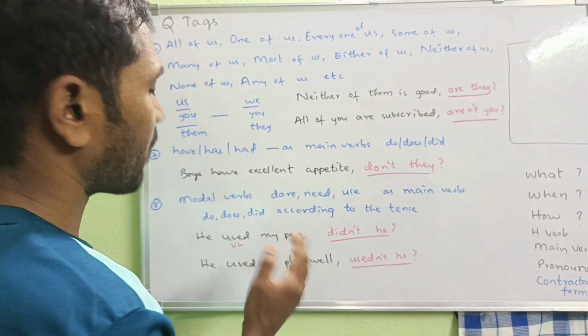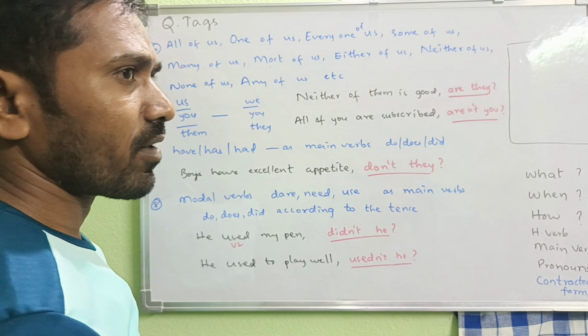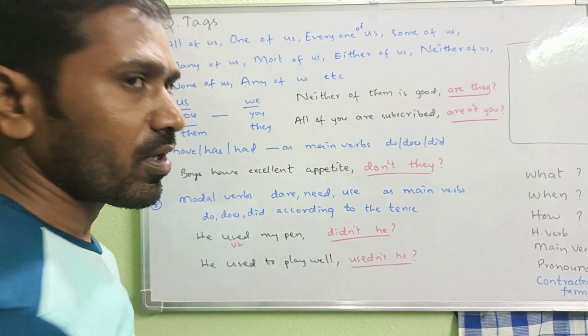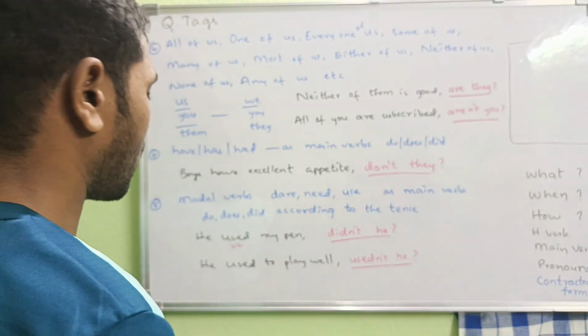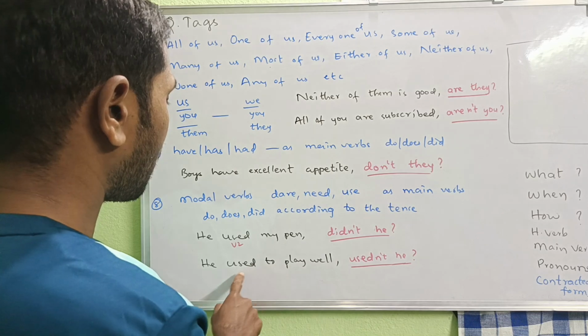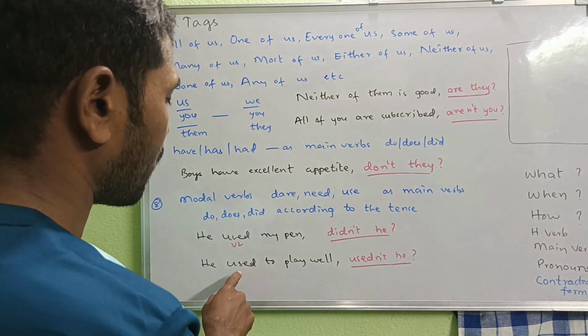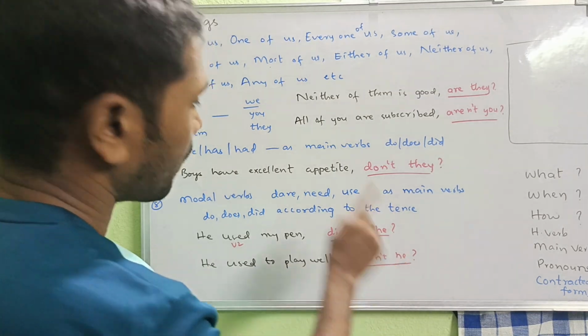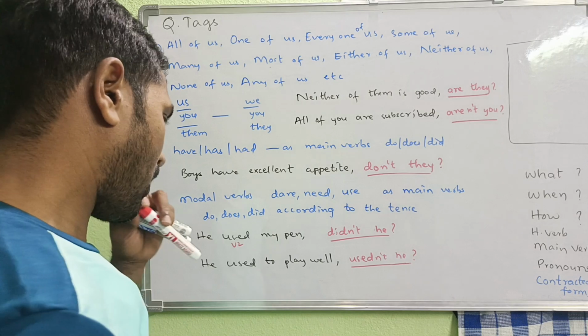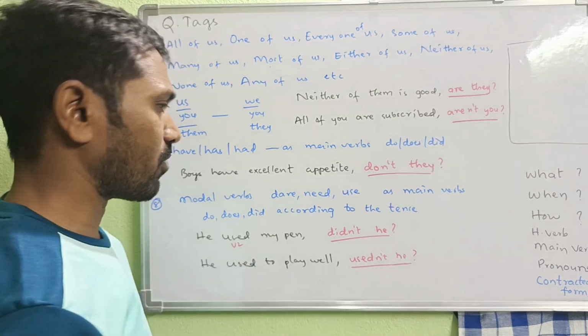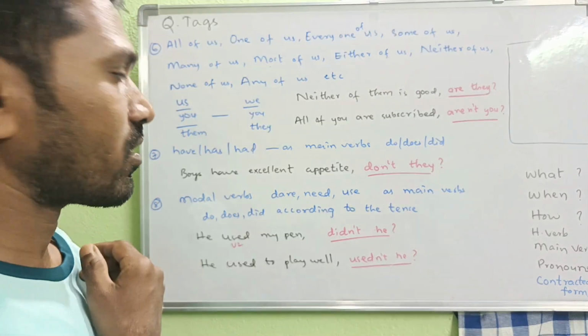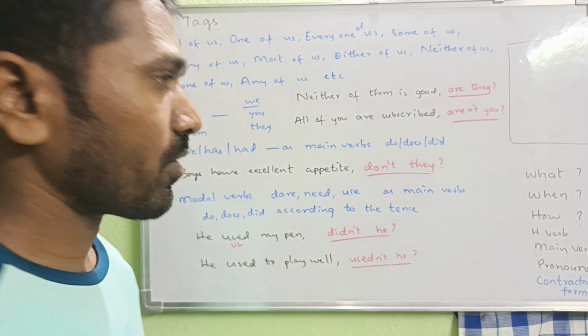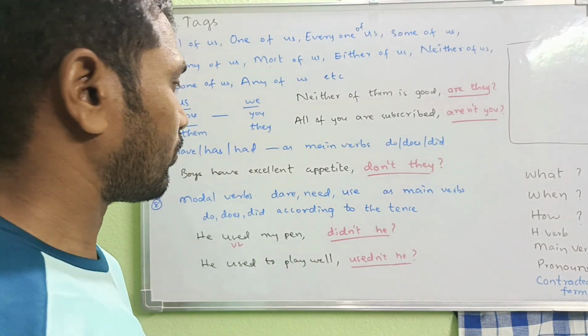So here, in the past he used to play well. That means presently he is not playing well. We can understand that. Used to is a modal verb used here. That is why usedn't we have to use. Generally, some people may say that didn't also can be used, but when they are used as modal verbs, then compulsorily we have to use usedn't.